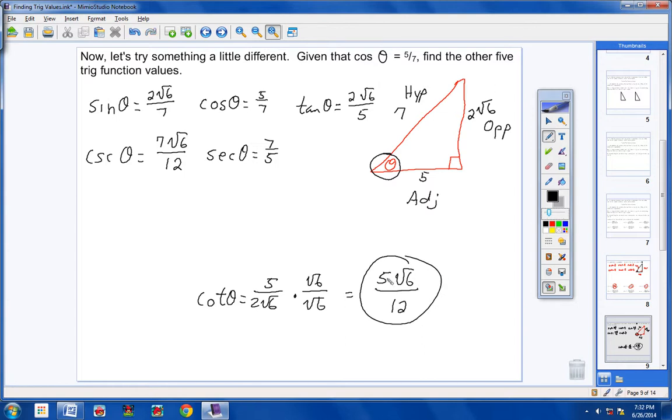Now, if this 5 right here was a 6, then you could reduce 2 outside numbers. 6 goes into 6 once, and 6 goes into 12 twice. You can reduce outside numbers with outside numbers, and you can reduce inside numbers with inside numbers, okay? But we have 5 square root of 6 over 12. So the cotangent of theta equals 5 square root of 6 over 12.